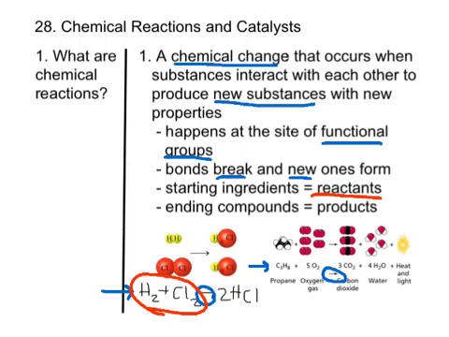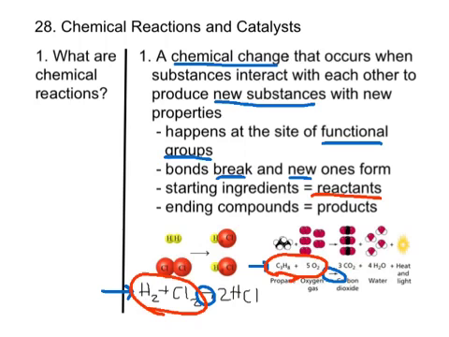And for our second example, here are our reactants: we've got propane and oxygen gas. Whatever we start with, our starting ingredients, are always going to be what we call reactants, and those are going to be on the left side of the arrow.